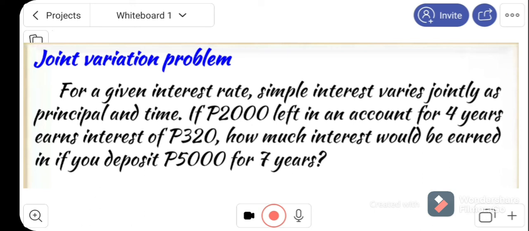For a given interest rate, simple interest varies jointly as principal and time. If 2,000 left in an account for 4 years earns interest of 320 pesos, how much interest would be earned if you deposit 5,000 for 7 years? So let's have first the mathematical equation for that.